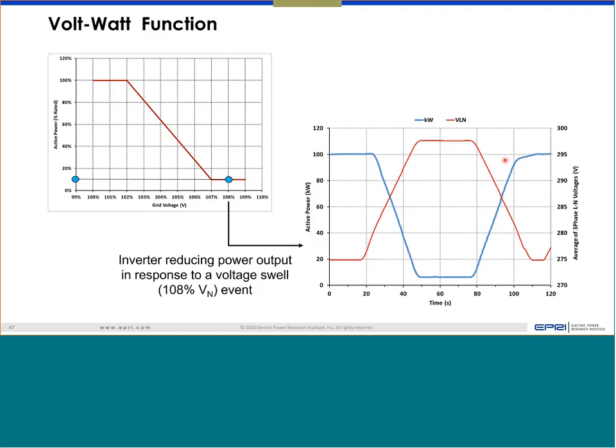You don't want to use the volt-watt function as your day-to-day regular voltage regulation mechanism. You are expected to use the volt-var function for that, or even the power factor function. Try to solve the voltage using reactive power, which may or may not impact the active power generation. What you should be using the volt-watt function for is when you tried your reactive power, but the voltage is still going high, say 105, 106, 107.